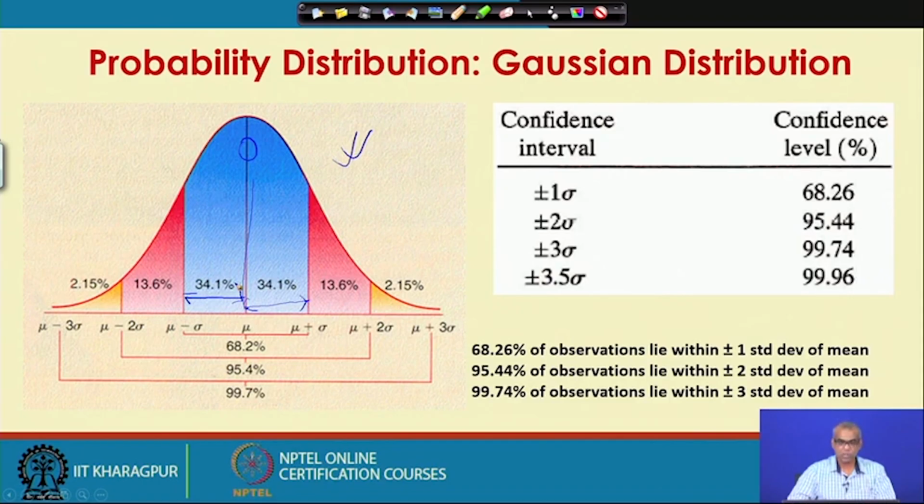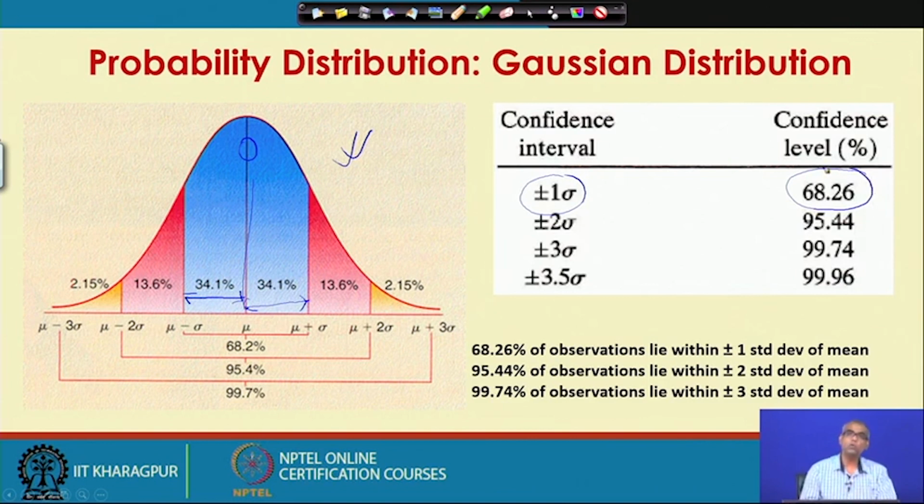So, within mu plus minus sigma 68.26% will lie. So, we call this plus minus 1 sigma as confidence interval and the corresponding confidence level is 68.26%.